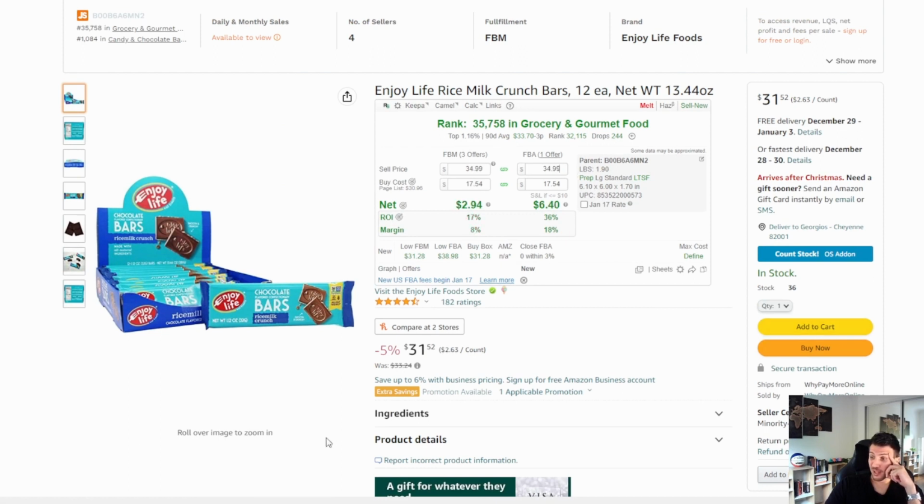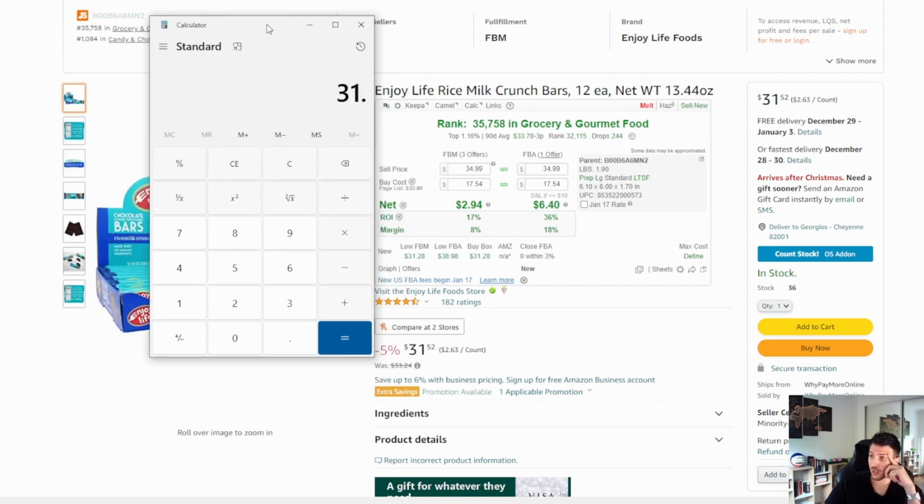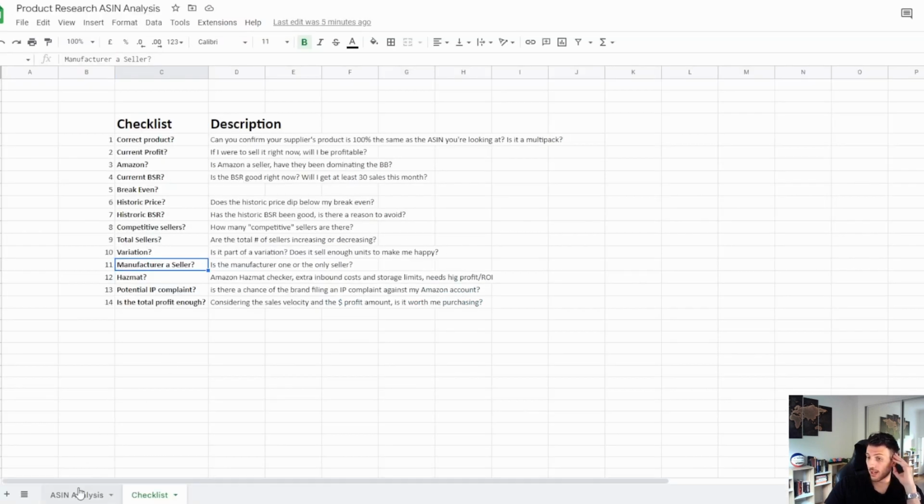You could probably go around 10 to 15% above FBA sellers and pretty much win the buy box. So 31.52 times, let's say 15% above them. I think at this price you could probably beat them. So I would go ahead, let's just price it at $35.99 and base our projection off these numbers here. $35.99.